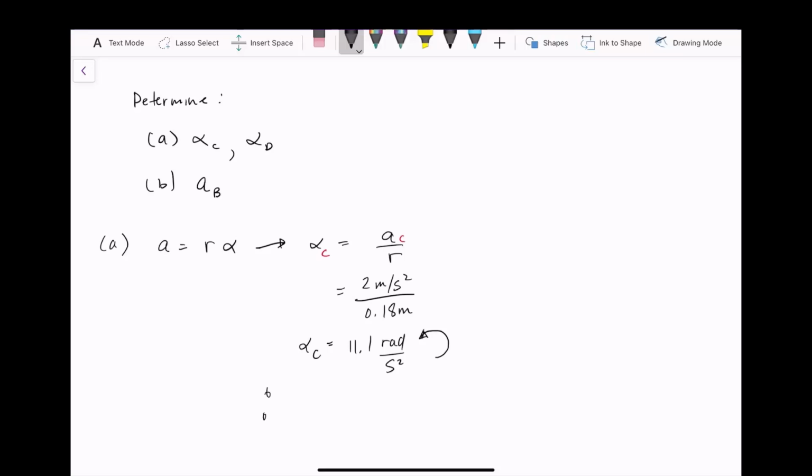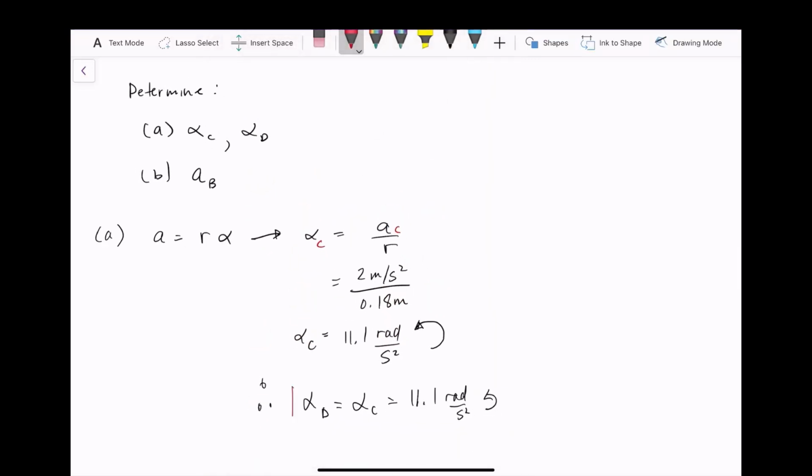So we can state that, therefore, the angular acceleration of D is equal to the angular acceleration of C, which is equal to 11.1 rads per second squared in a counterclockwise direction. And that's our answer for part A of this problem.